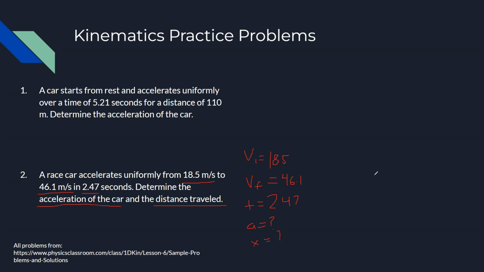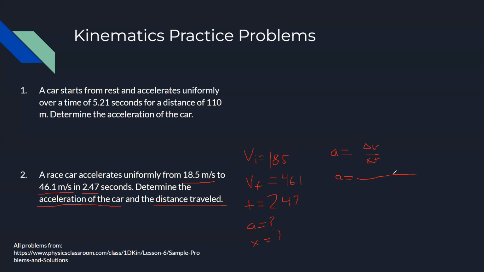So the thing is, we know that acceleration is delta v over delta t. And we know that time is 2.47 seconds. So we can basically find acceleration by finding the final velocity minus initial velocity, because v final minus v initial equals delta v. And I guess you probably would remember this when I talked about position.